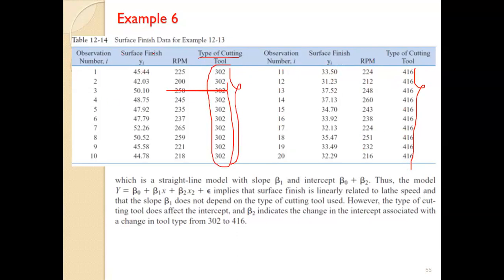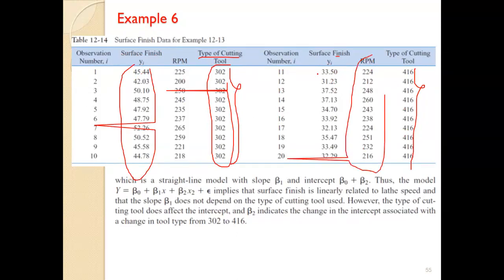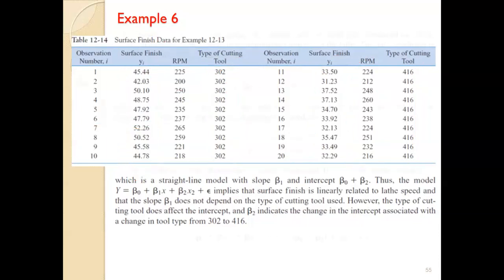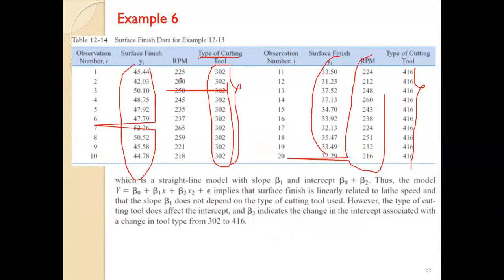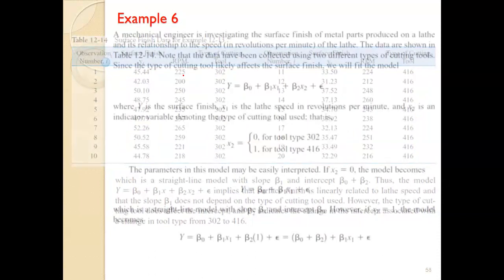This is a response surface. You set the RPM value and you get y, and for the other type you set the RPM value and you get y. For this case, we represent x as RPM. X1 is RPM, the speed.